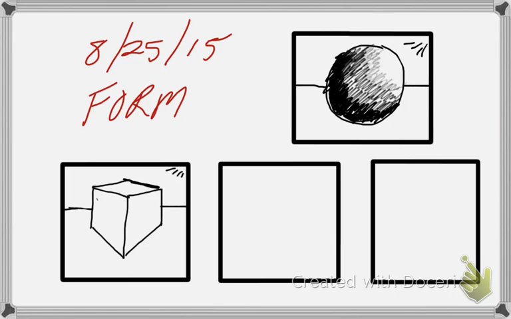So then, what would be the darkest? I had 1, 2, and 3. 2. Yes, 2 would be the darkest, and then 3 would be kind of in between. So on number 2, we're going to go the darkest and just fill that in.